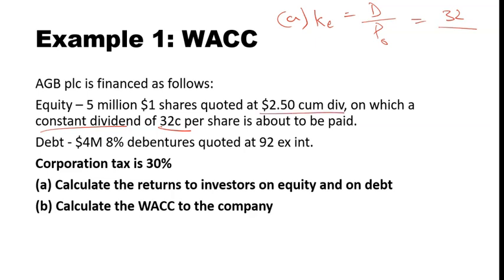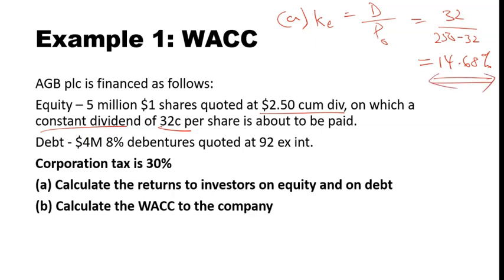So we need to adjust this to be 250 minus the dividend of 32, and then we get the KE. The ex div price is to be used. So the KE is going to be 14.68%.